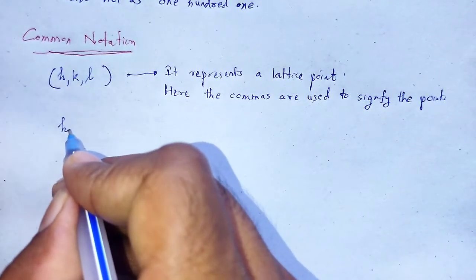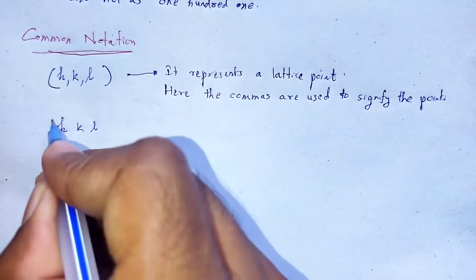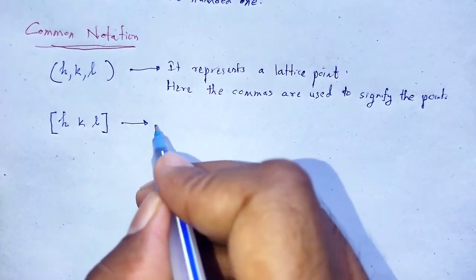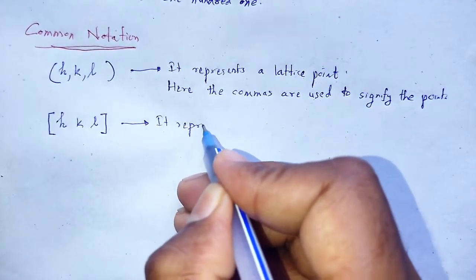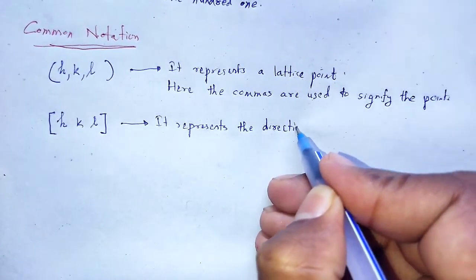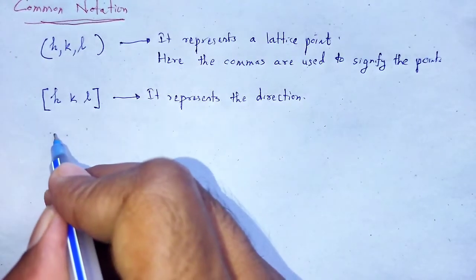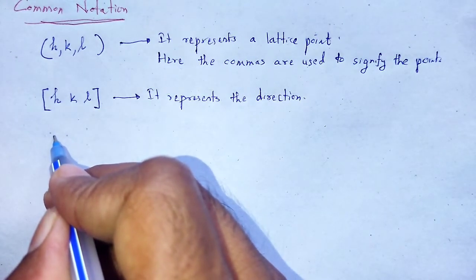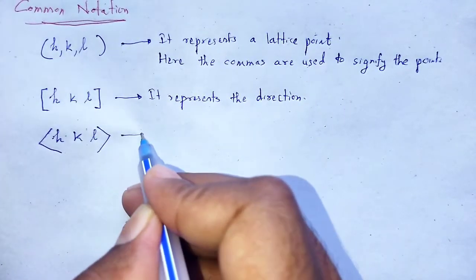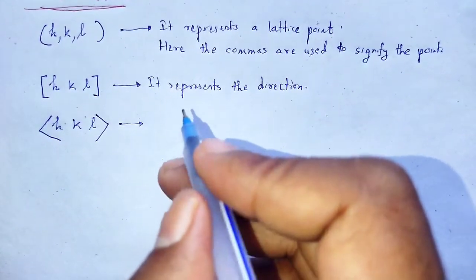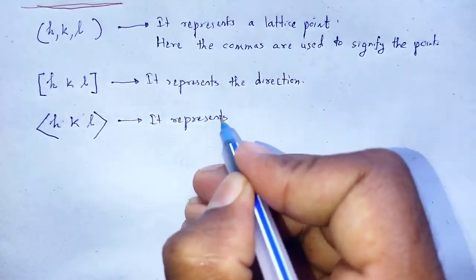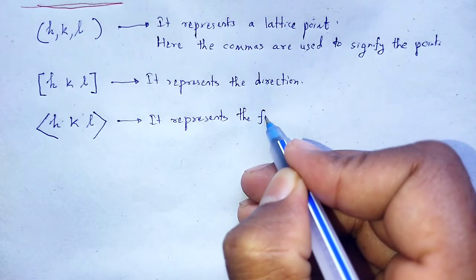Next, if it is written as [h k l] within square brackets, it represents a direction. If we write the notation <h k l> within angle brackets, then it represents the family of directions.